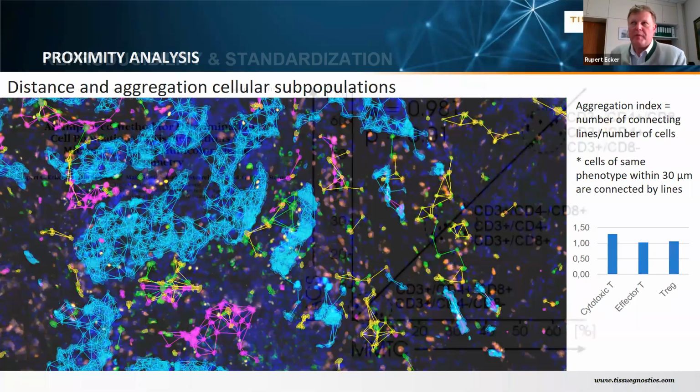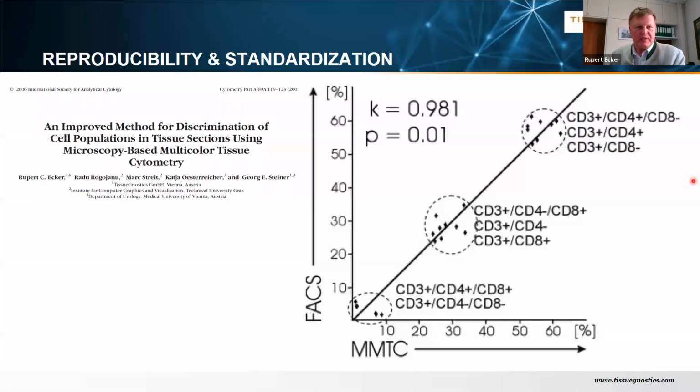To conclude my presentation, I may point out that our method has been published. I mentioned at the beginning more than 1,500 papers, but among those are also some papers which focus on the feasibility or the proof of principle, let's say. The first one was published by myself in 2006 already.